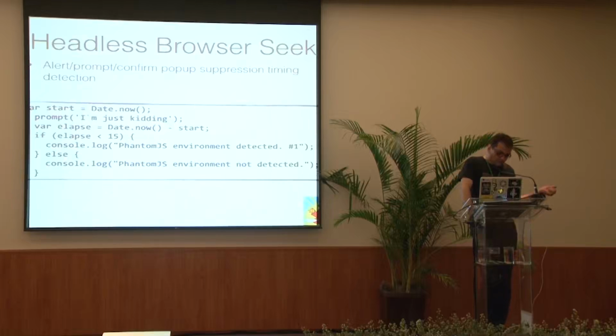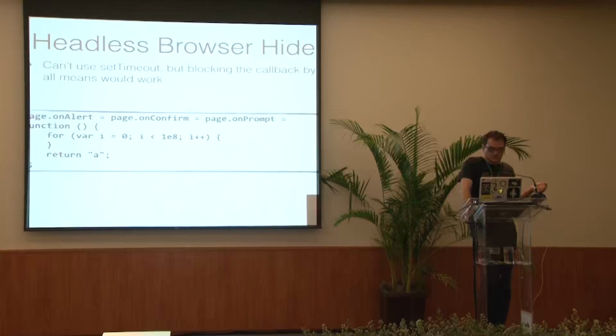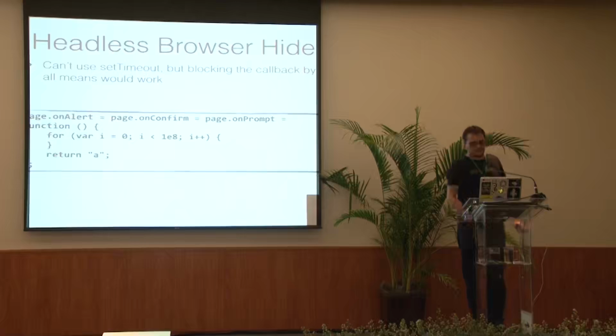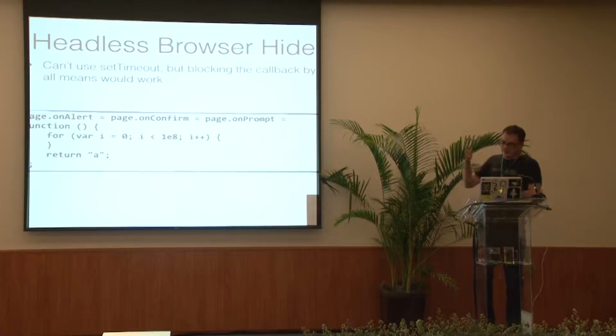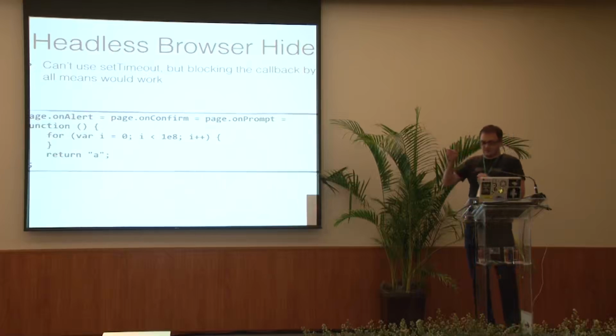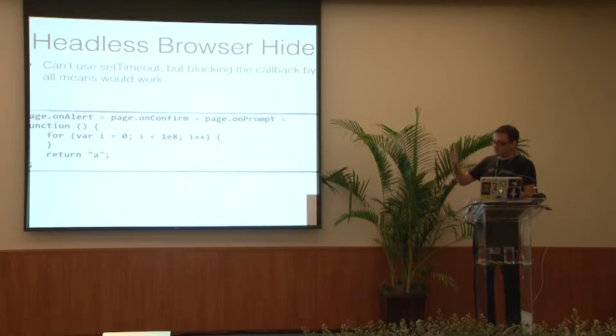So it turns out to be a hard problem to circumvent, but let's see what can be done against it. It's not a really nice way of doing things, but in Phantom.js, that alert box is going to be suppressed in the same thread which is handling basically your JavaScript context in Phantom.js, in Qt WebKit.